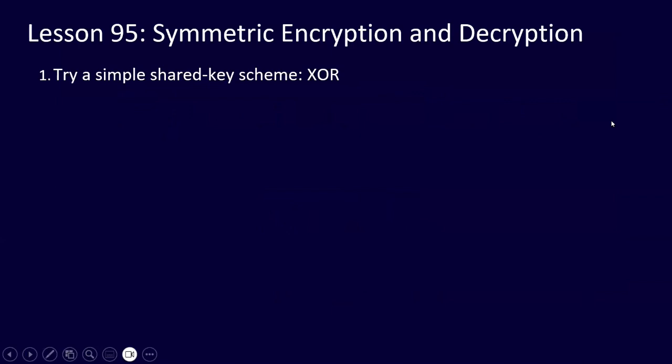Okay. So try a very simple shared key scheme, which uses exclusive OR. This is a very, very simple one, so it's not practical at all. But anyway, we can learn about one way to implement a common key or shared key encryption scheme.